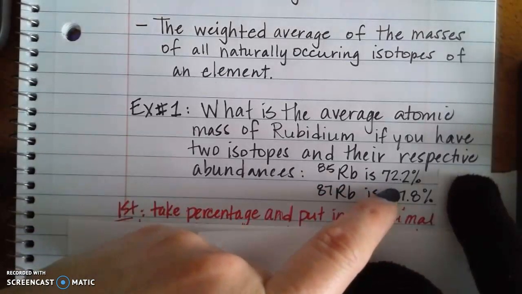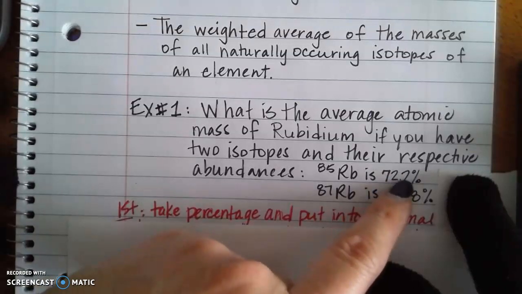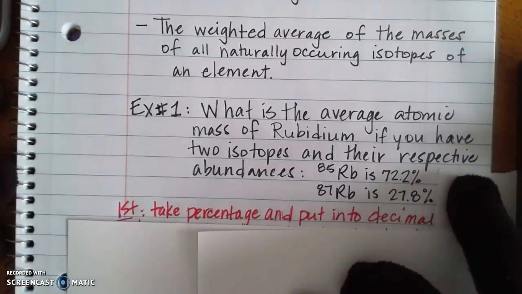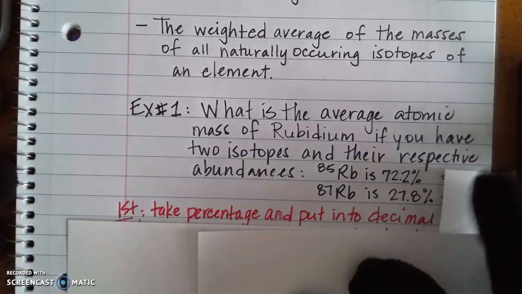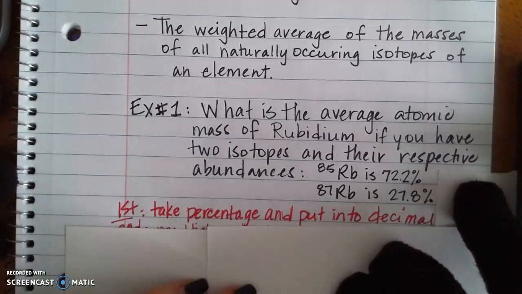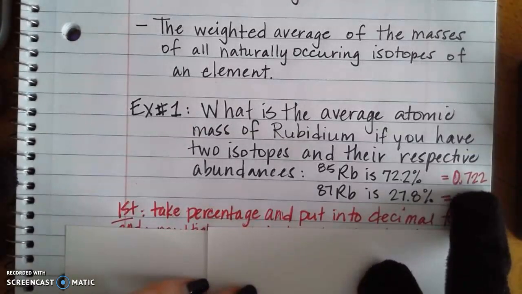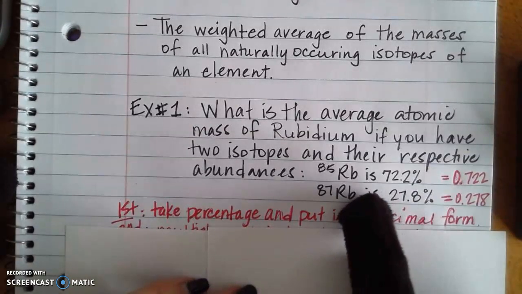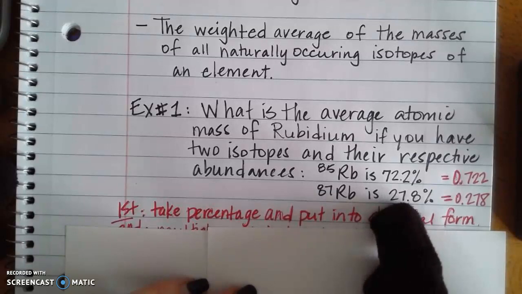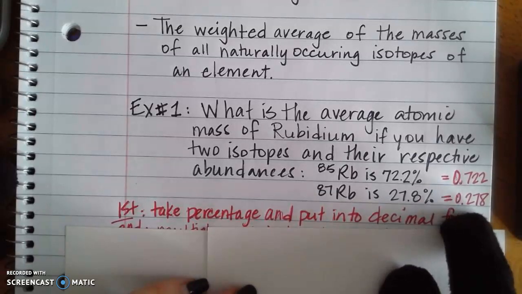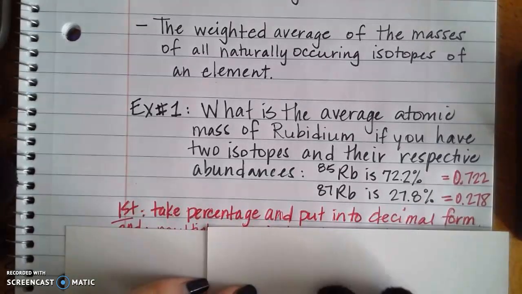So how many zeros are in 100? 2. So move it over 2 decimal places and you'll get 0.722. And then you'll do the same thing for rubidium 87. So 27.8% is 0.278. Okay?